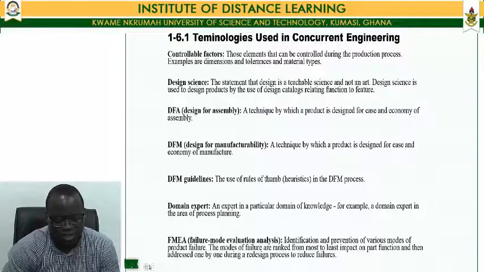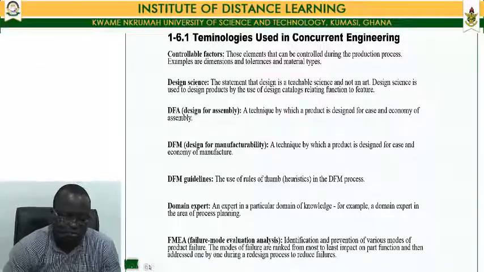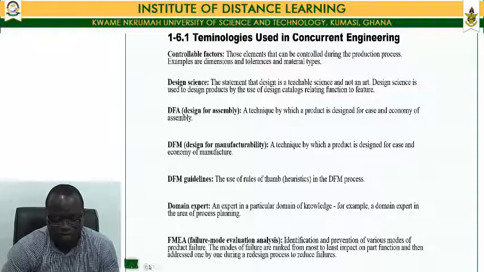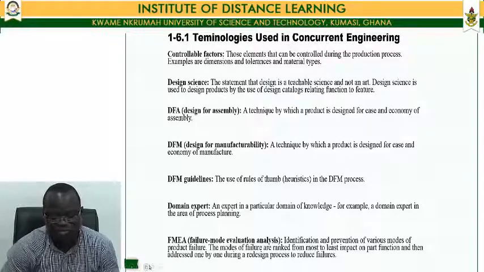Then we have FMEA, which is failure mode evaluation analysis. Sometimes you can approach design from looking at identifying and preventing the various modes of product failure. Sometimes you rank the modes of failure from least impact on the product function, and address them one by one during the redesign process.